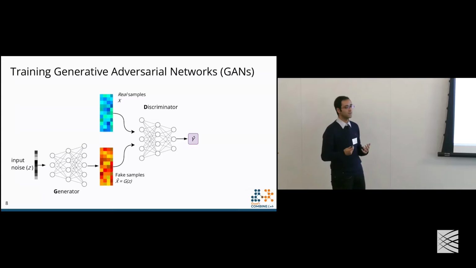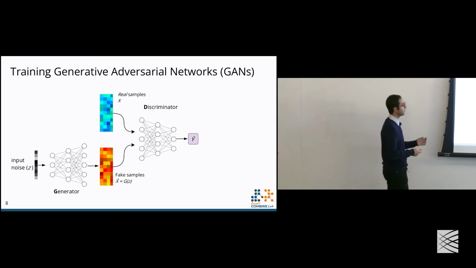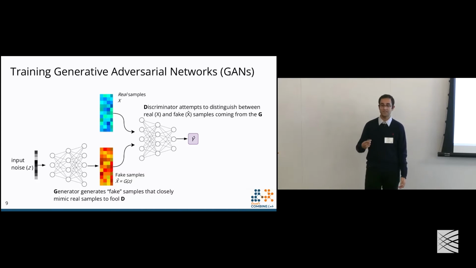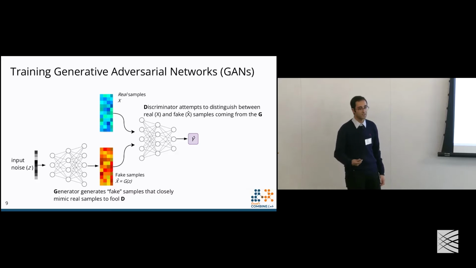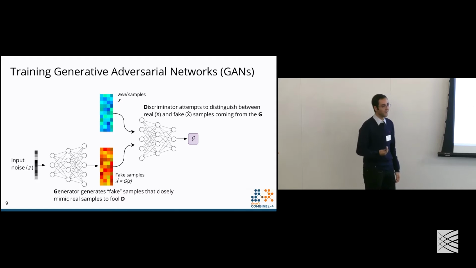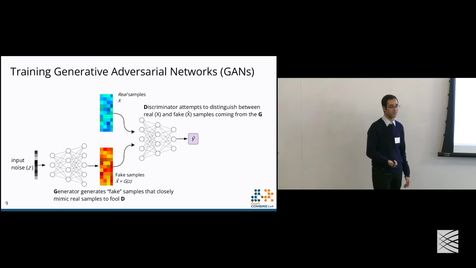The high-level idea is that we take a game theoretic approach and we define two players. The first player we saw previously is called the generator. The goal of the generator is to generate samples that are very realistic. We call those fake samples because they're not real. The second player is a discriminator. As the name suggests, it takes the samples from the generator that are fakes, along with samples from the real data set, and then tries to distinguish between them.